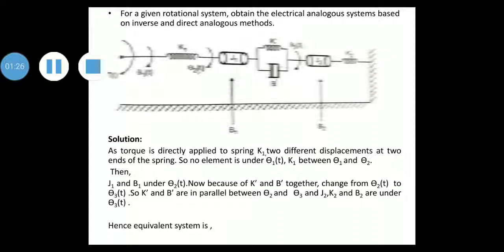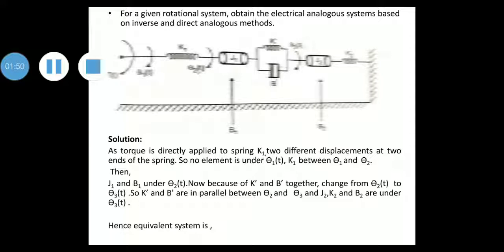So no element is under theta 1 of t. K1 is between theta 1 and theta 2. Then J1 and B1 are under theta 2 of t.